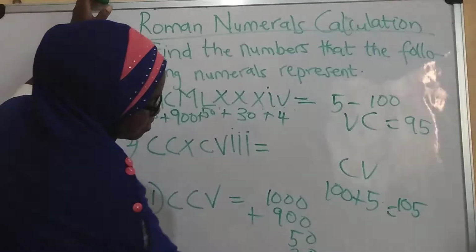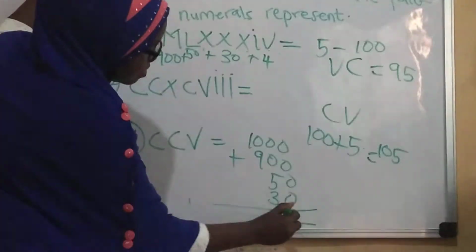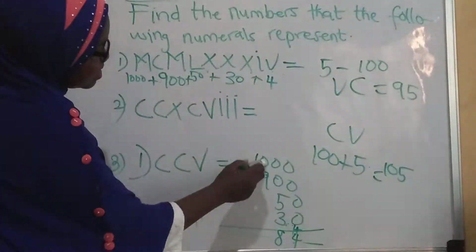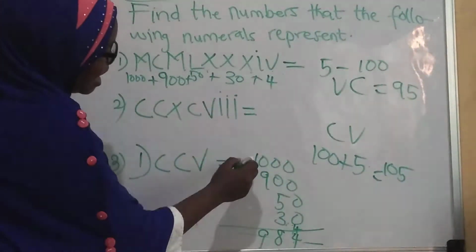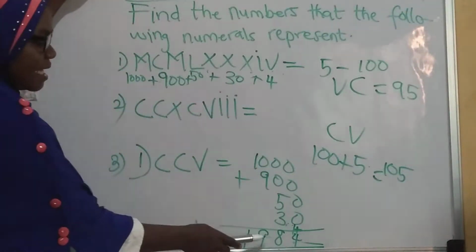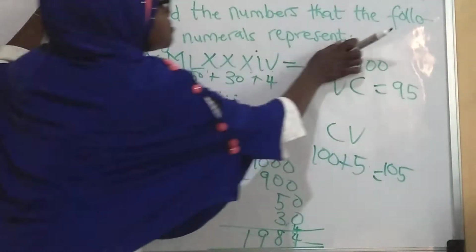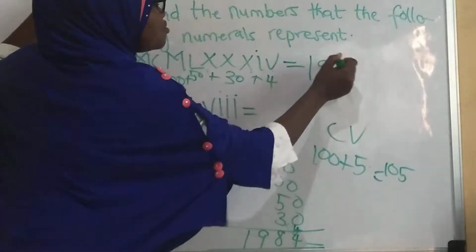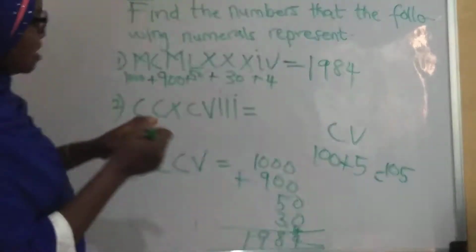Is 4. 0 plus 0 plus 5 plus 3 is what? 8. 0 plus 9 is what? 9. And 1 plus 0 is what? 1. So my answer is what? 1984. My answer is what? 1984. Is that taken? Good.